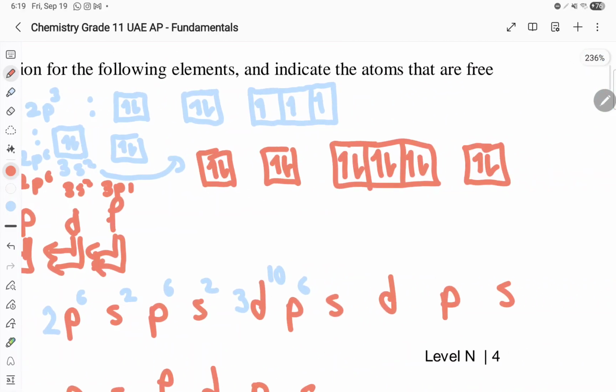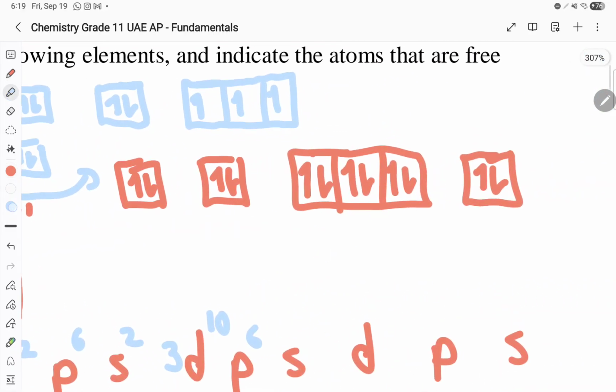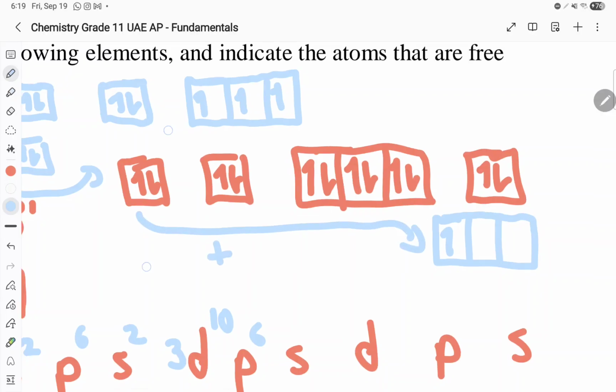Actually, I'm gonna add to the Mg one. The one in blue is the addition for aluminium. So aluminium has an extra p, and it only has one electron in this p, and that's it. That's how you draw aluminium. Aluminium is all of this plus this.